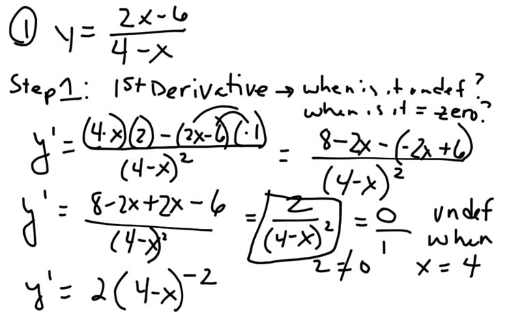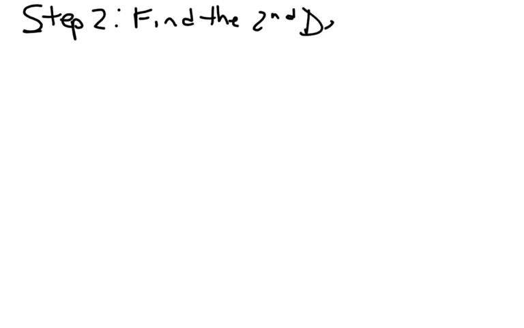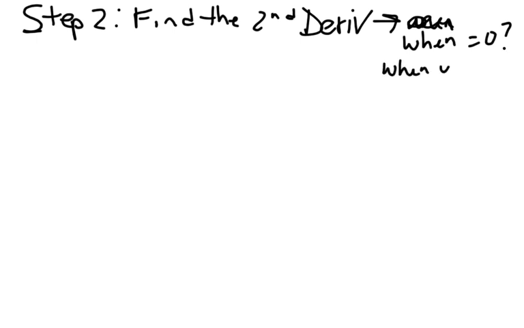So we're going to go on to step 2: find the second derivative, and then when does it equal 0, if ever, and when is it undefined, if ever.